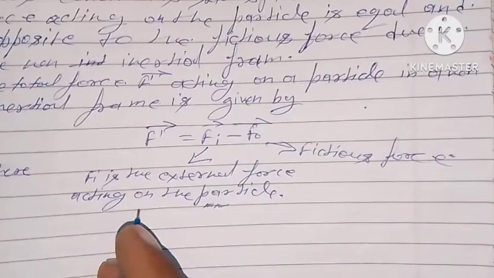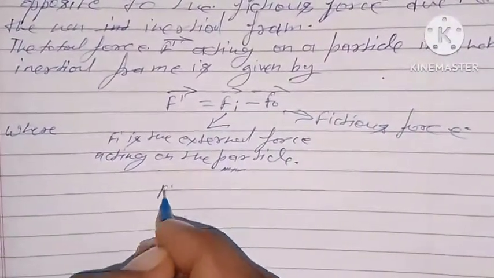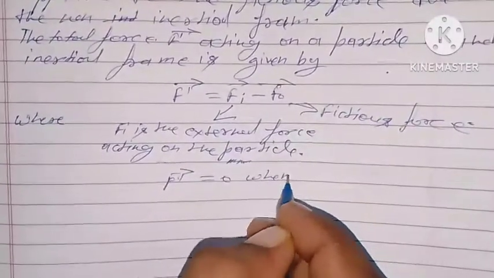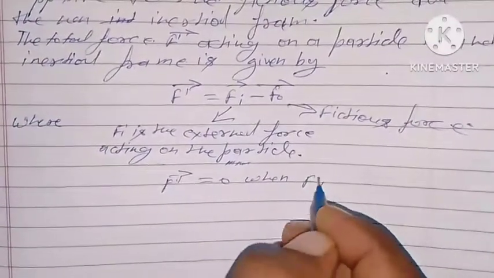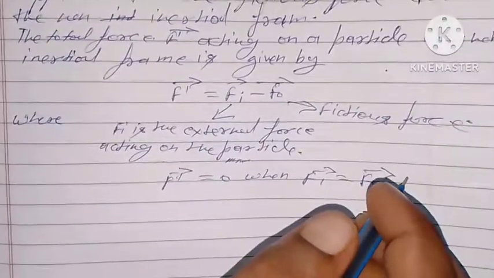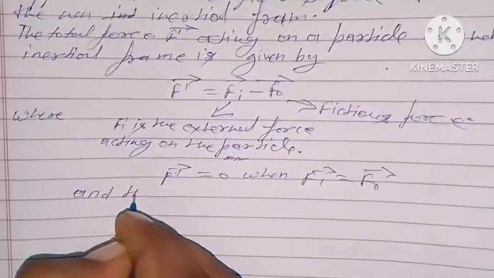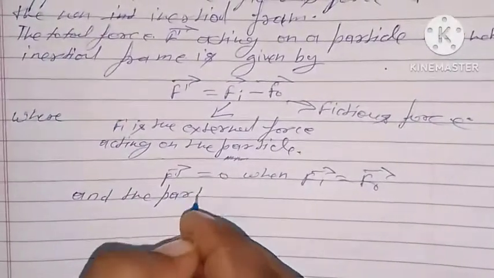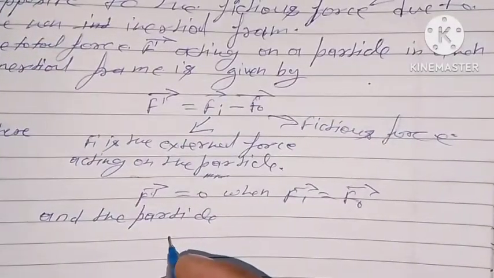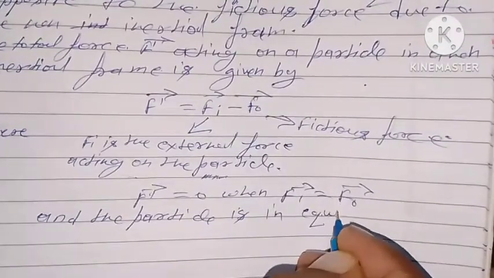Clearly, F dash is equal to 0 when Fi equals F0 vector, and the particle is in equilibrium.